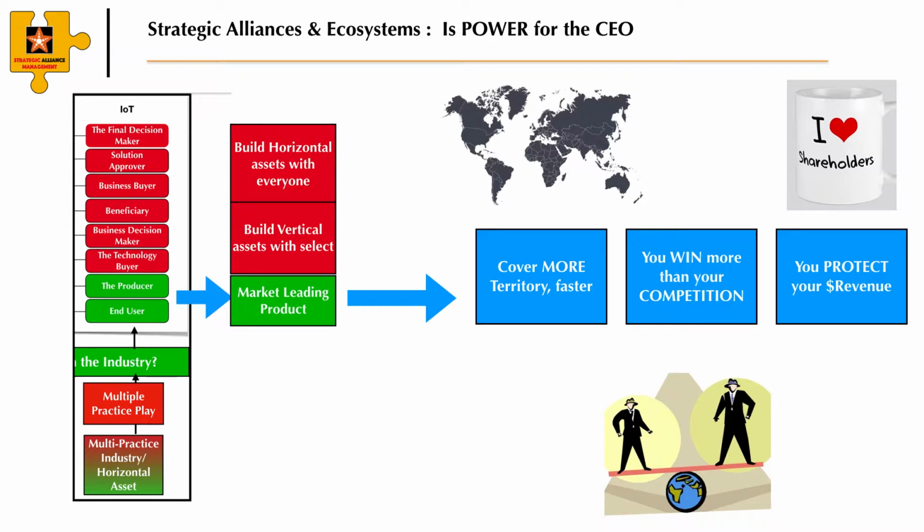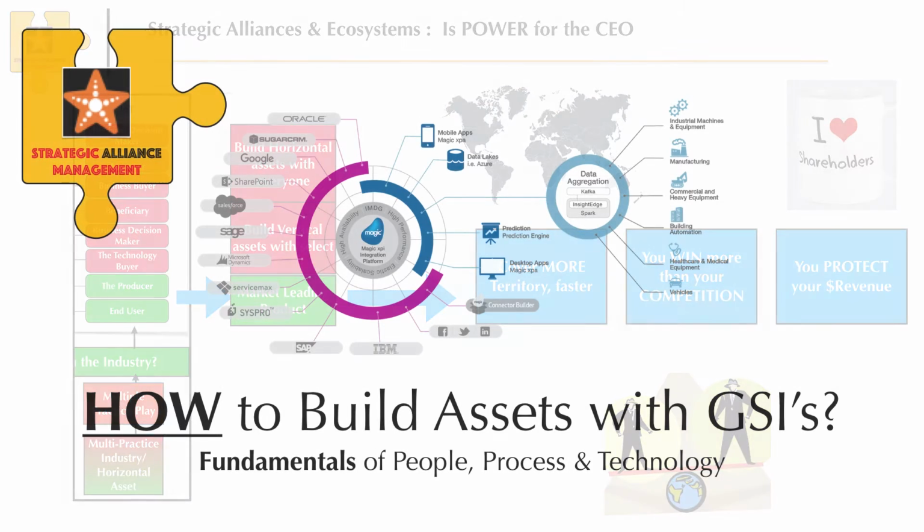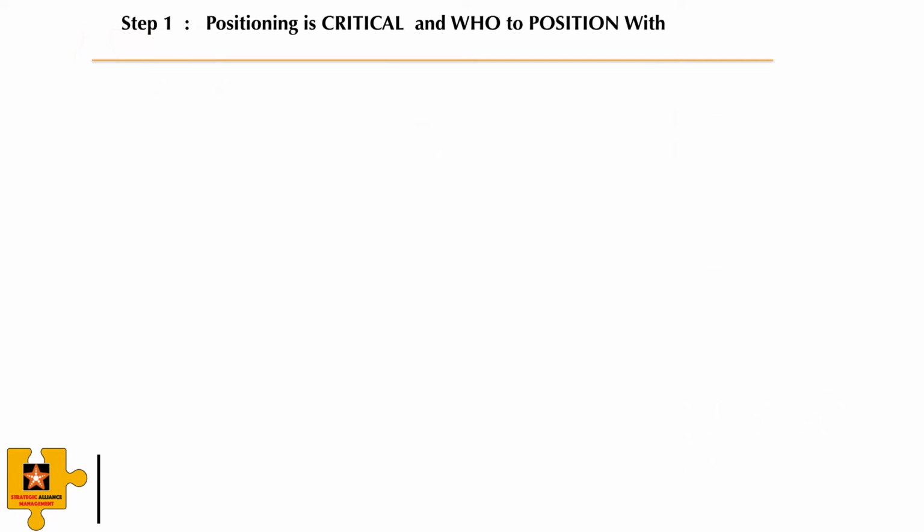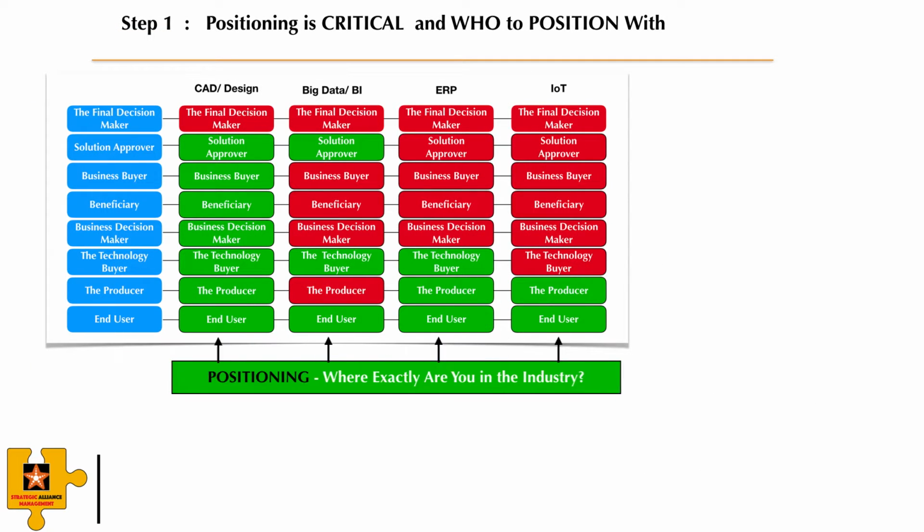So, I hope if you're a CEO or a sales VP or a sales rep, you'll understand why strategic alliances with product and GSI companies are extremely important. So the question is, how do we build assets with the GSIs? I'll be honest with you, it is complex. But what matters is you need to get started.